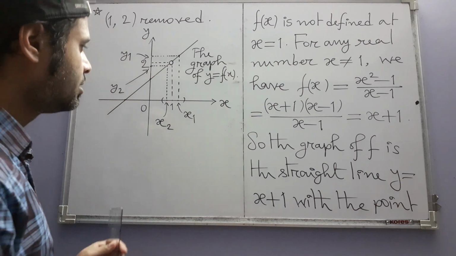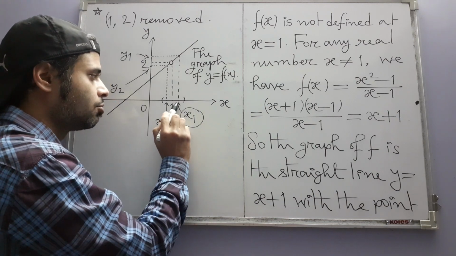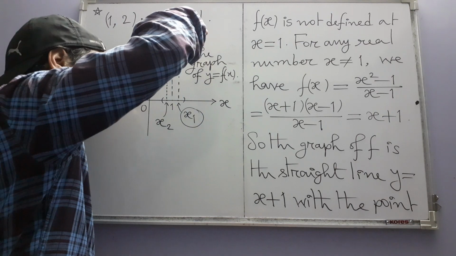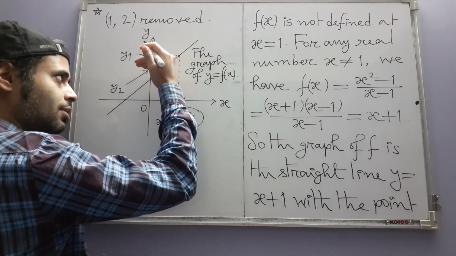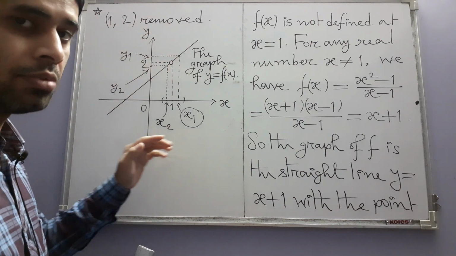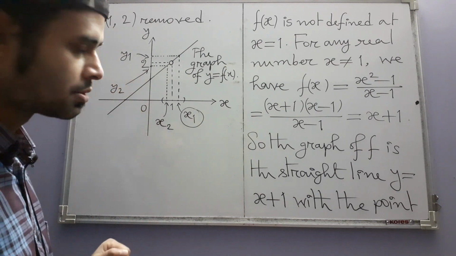And you can clearly see that if you slide this point x1 towards 1 further, then because the graph is like this, the y1 value will also slide and come down towards 2. It will be even closer to 2 than it previously was.